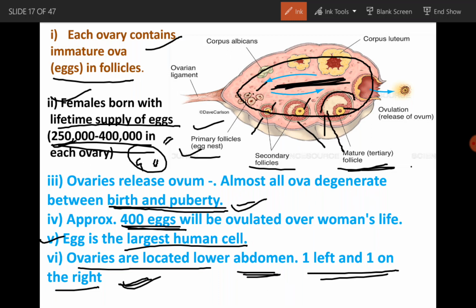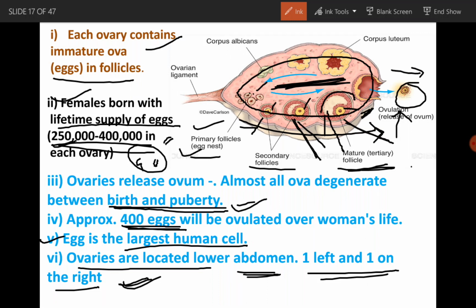This is the tertiary follicle, with a larger number of follicle cells around the ovum, and one small antrum is also present. The tertiary follicle changes into the Graafian follicle. The Graafian follicle is considered a matured follicle, and it will participate in the process of ovulation.